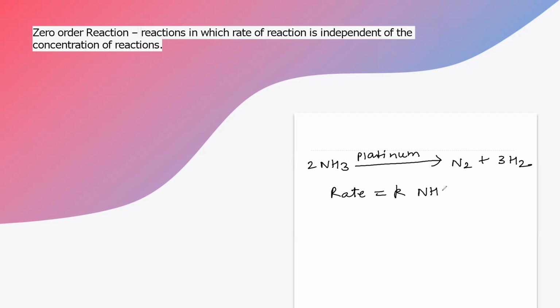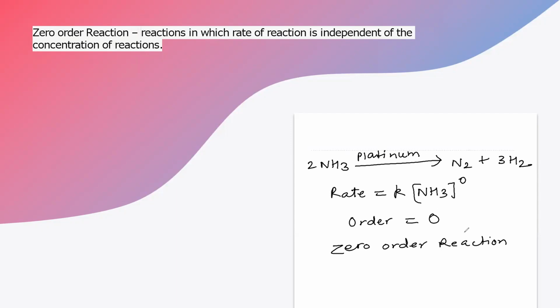Now here the rate of reaction which is calculated experimentally is this. So what is the order? What is the power? Power is 0, correct? So this is known as a zero order reaction. The reaction in which the rate is independent of the concentration of the reactant.